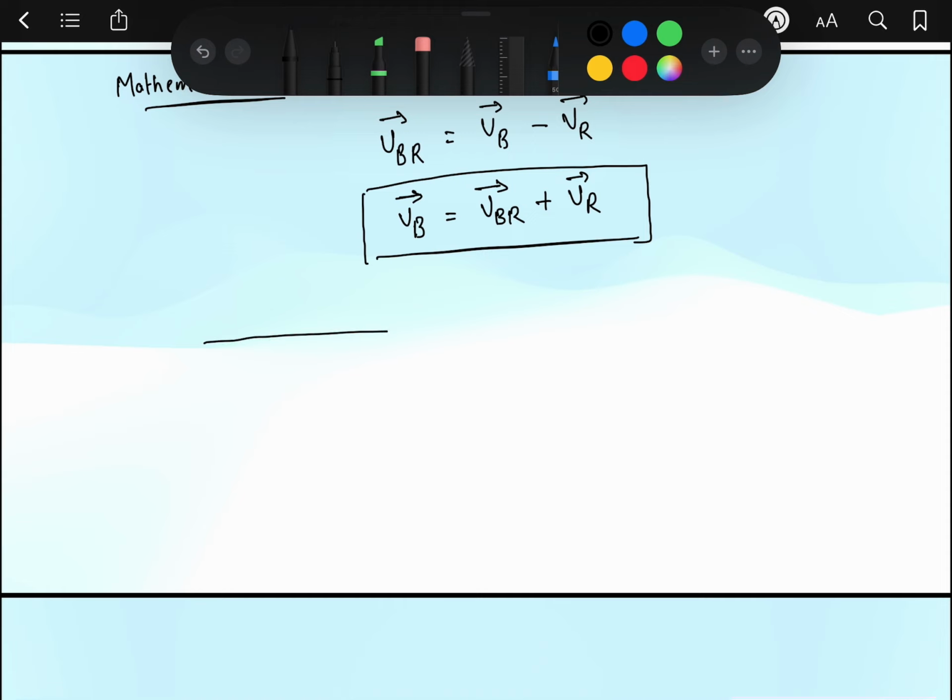Let us assume this is a river, and the width of the river is given as d. It is flowing in this direction, the right direction.